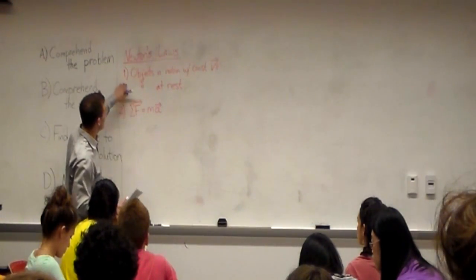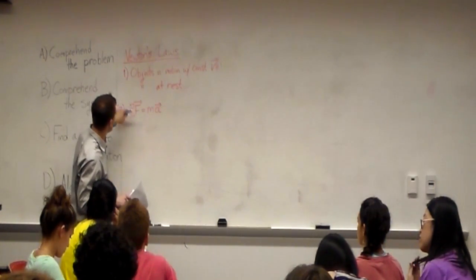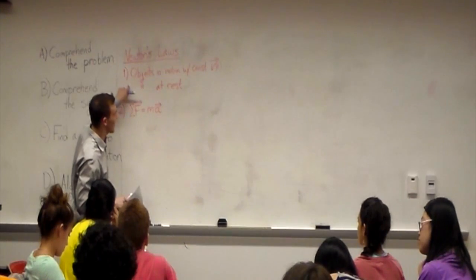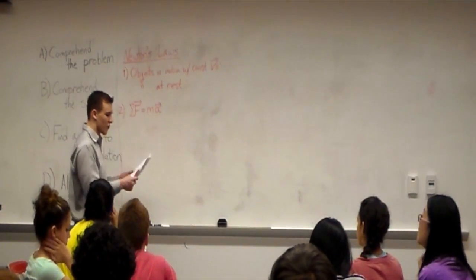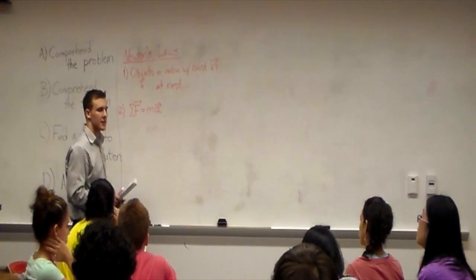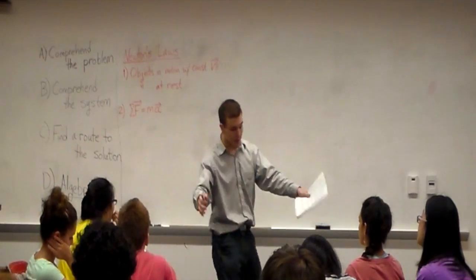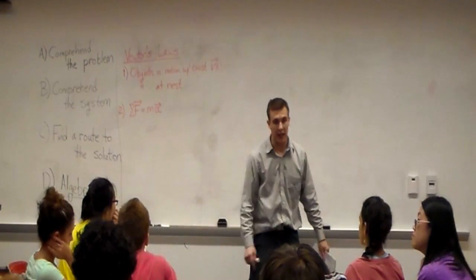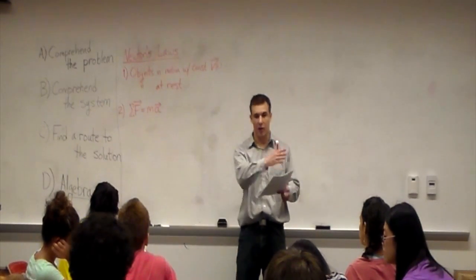So it seems like number 1 is kind of like a special case of number 2, but it's not. And it's important that you recognize that what number 1 does is it defines the frames from which we can do physics, that we should do our physics, right? So what I mean by that is, if I get a merry-go-round and I start spinning it, I could do a physics problem by observing the world.